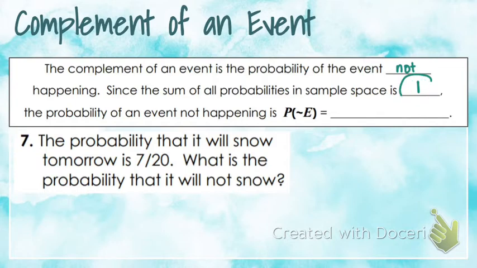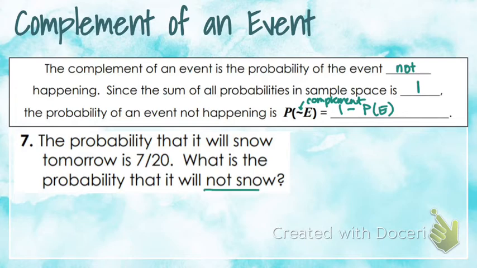Then the probability of an event not happening, which is represented by this, is 1 minus the probability of that event. So this little guy means complement or not E. All right, so this says the probability that it will snow tomorrow is 7 out of 20.